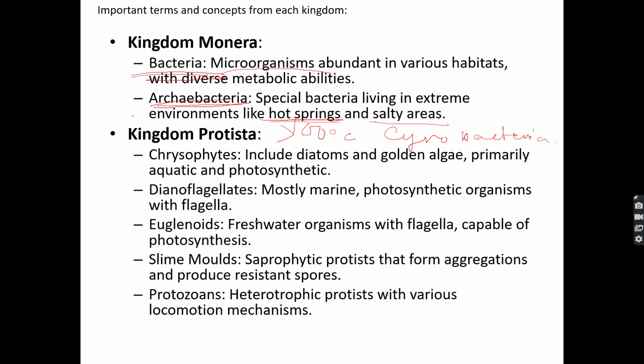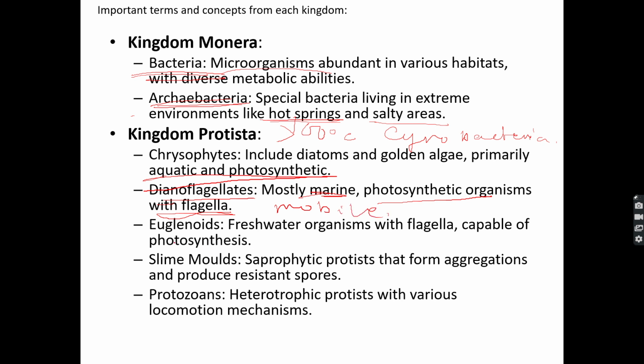So, chrysophytes basically include diatoms and golden algae, and they are aquatic and photosynthetic. Then dinoflagellates are mostly marine, and they have photosynthetic ability, and they basically have flagella. That means they can move.